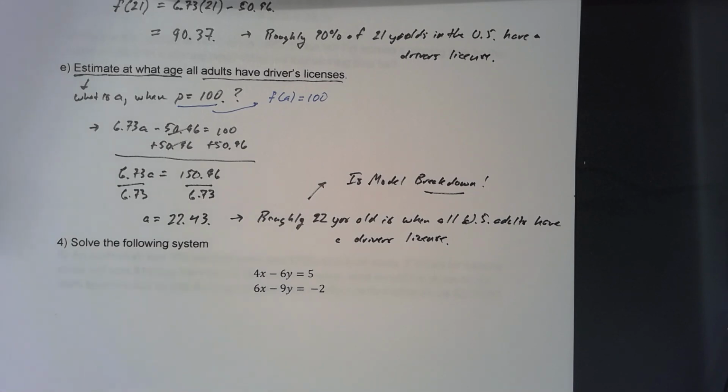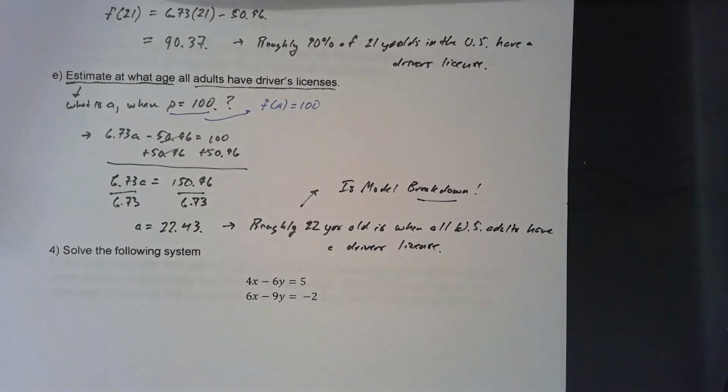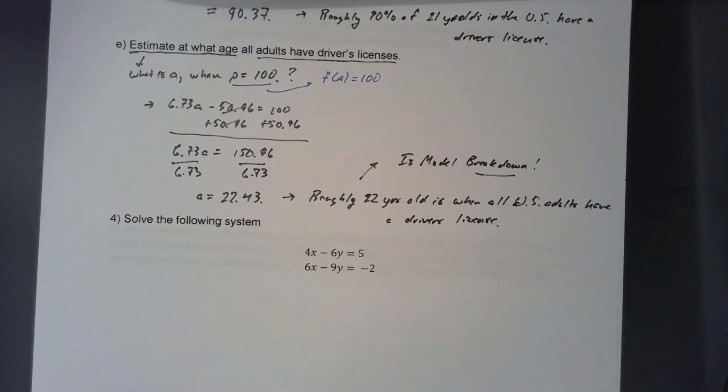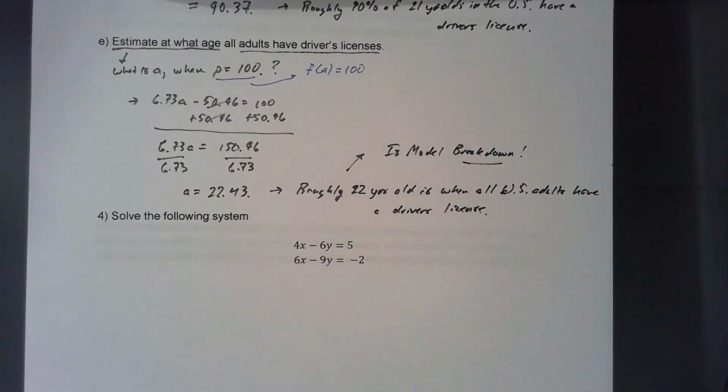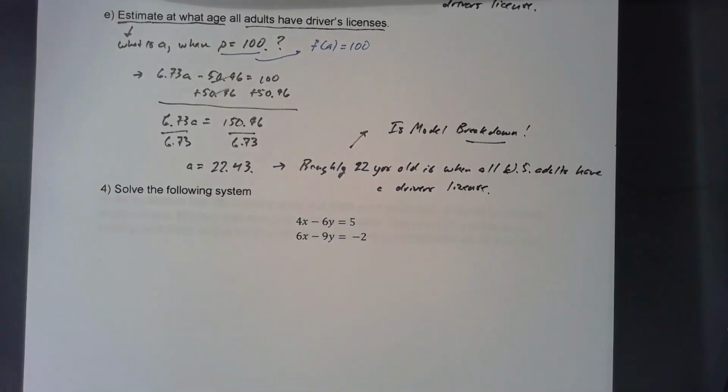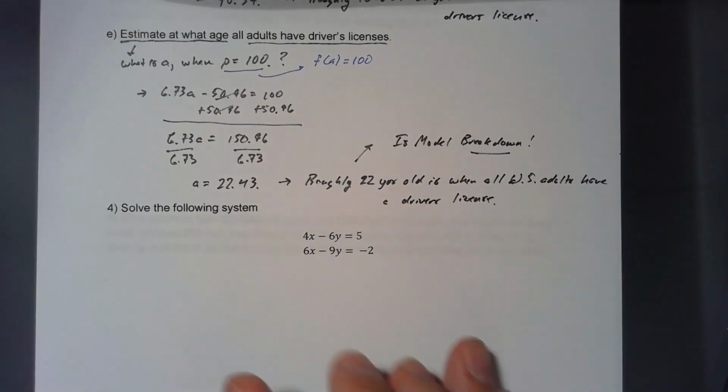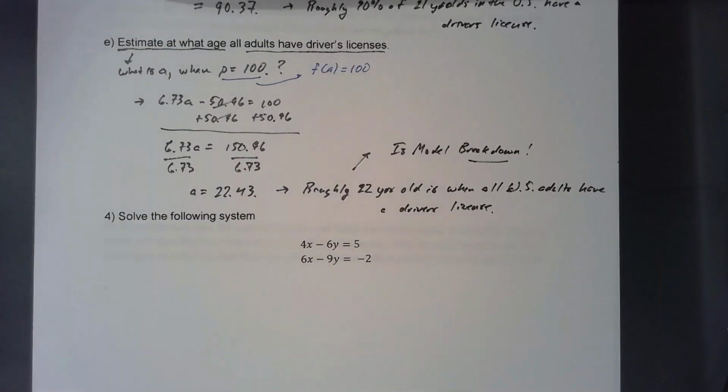Just because you're old enough to drive doesn't mean you're legally able to drive. A lot of people live in big cities and they rely on mass transportation and they never had to get a driver's license. So, yeah, that's definitely model breakdown. Now, again, I don't ask you about model breakdown in this question, but I may on the exam.